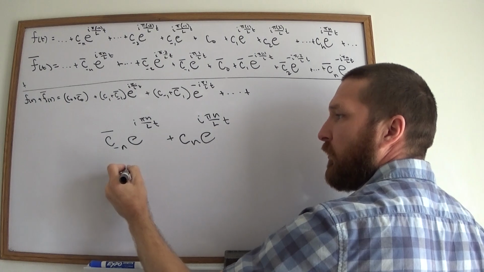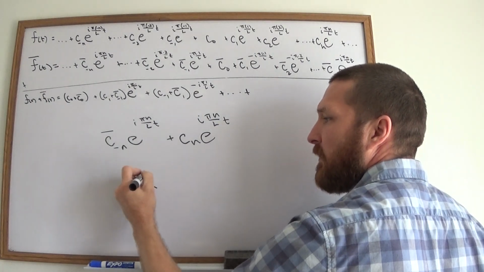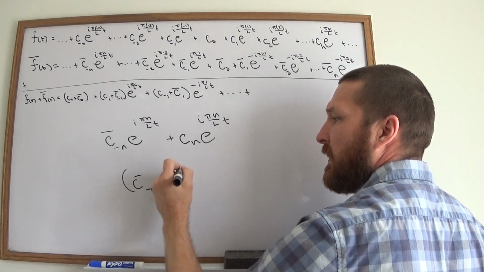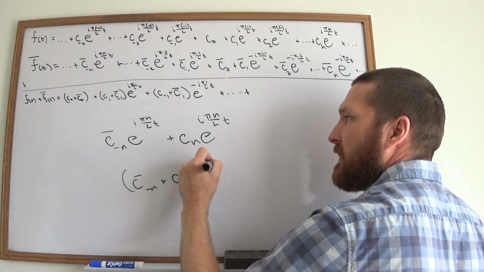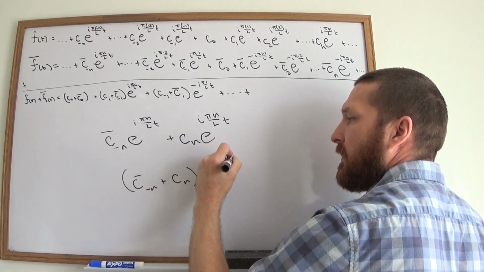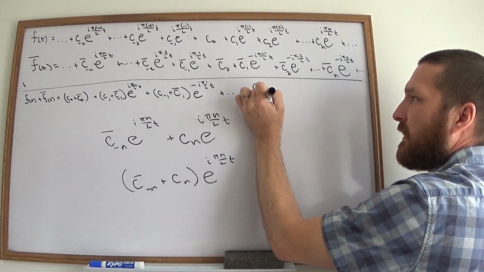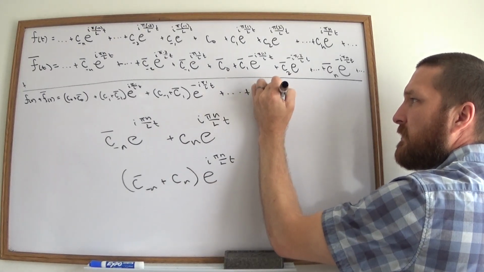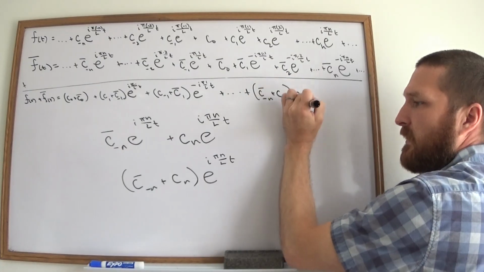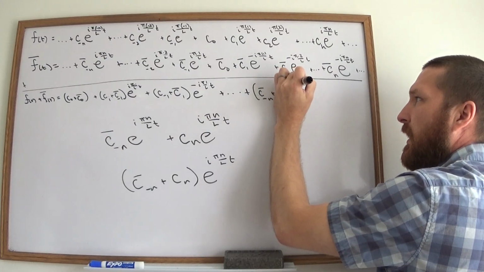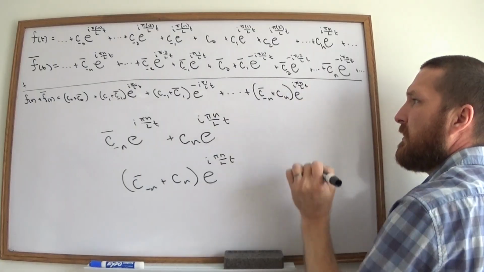Those are the same, so I could pull them out. We get C negative n bar plus Cn e to the I pi n over LT.